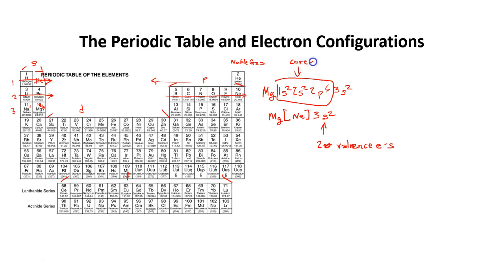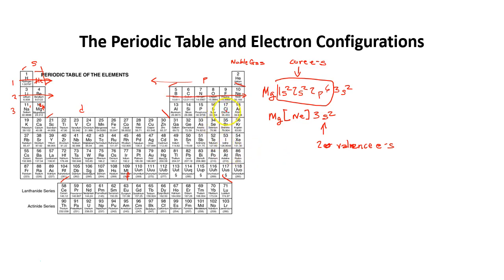These electrons are closest to the nucleus. Notice the core electrons are completely filled. The atomic orbitals for the core electrons are completely filled out. You completely fill out the energy level for the core electrons. Okay? All right.